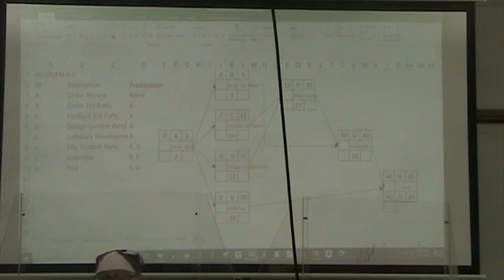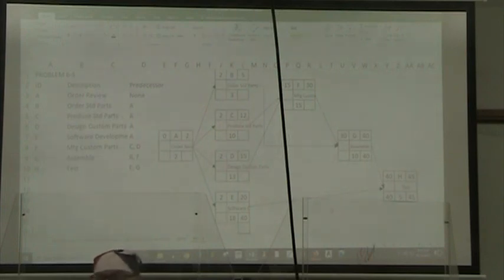Because this is a merge activity, our late start time becomes the late finish time for all the activities that it depends on. So for assemble and for software development.